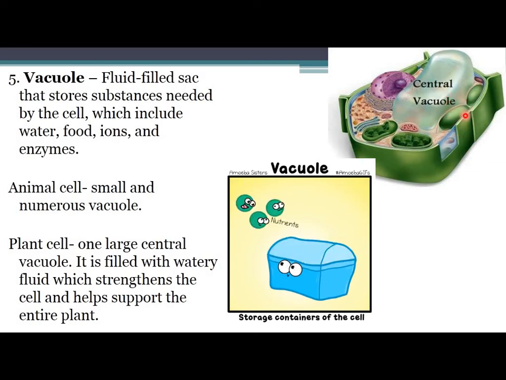Siyempre, yung mga halaman na 'yan para ma-support nila yung kanilang pangangailangan, yung kanilang buhay, kailangan siyempre, no, mag-store sila ng maraming mga pagkain, no? Yan. Kaya malalaki, no? Kumbaga sa storage box, malalaki ang storage box ng plant cell para mas marami siyang ma-store na mga pagkain, no?